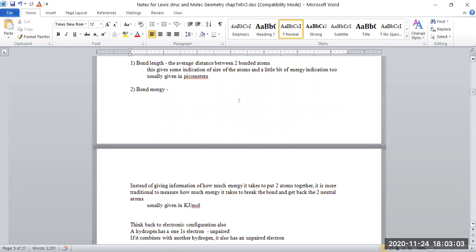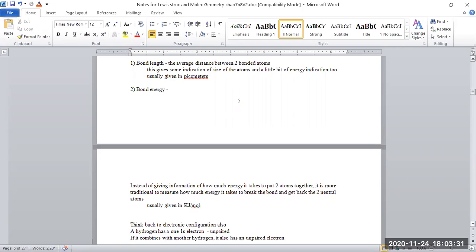Bond energy kind of circles back to the thermodynamic end of things a little bit, in that it is usually talked about in terms of kilojoules per mole. Most of the time, we don't measure bond energy for a single molecule. Usually we do it for an entire mole worth of them.